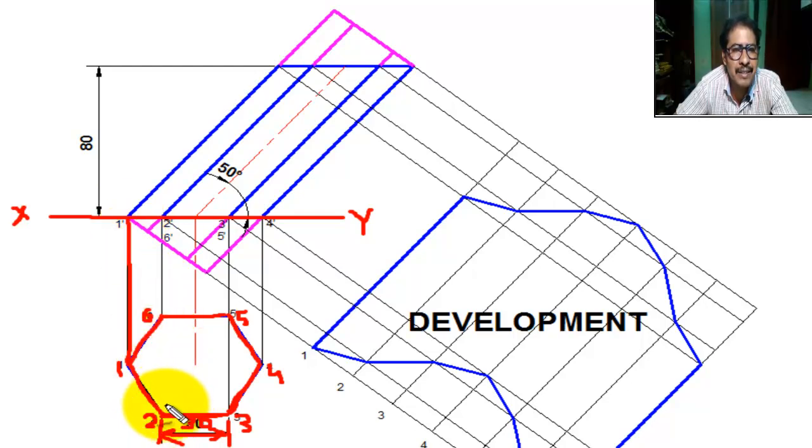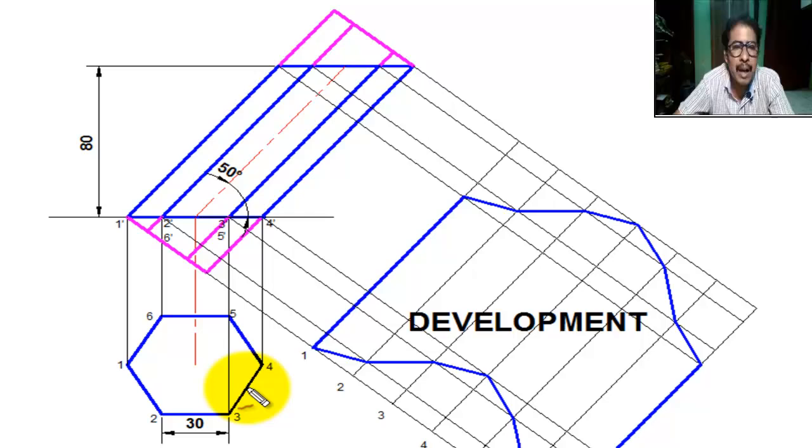From 2 and 6 we draw vertical projection lines up to the XY line. From 3 and 5 we draw vertical projection lines up to the XY line. From 4 we draw a vertical projection line up to the XY line.